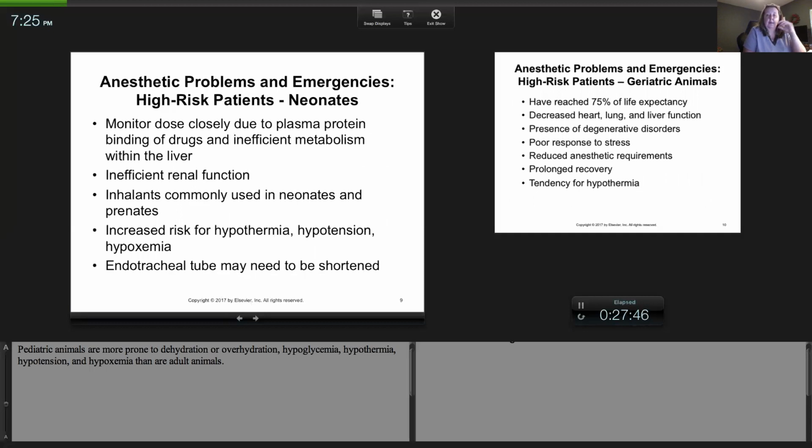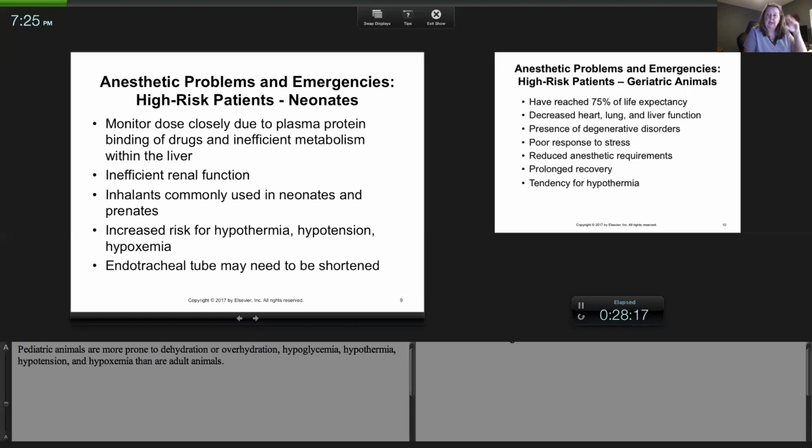These drugs that bind to plasma protein, we have to make sure, because sometimes these guys are low protein and they don't have a fully functioning liver. They don't have fully functioning kidneys. So when we use drugs that require heavy liver metabolism and kidney metabolism, it can affect how long the drugs stay in the system.